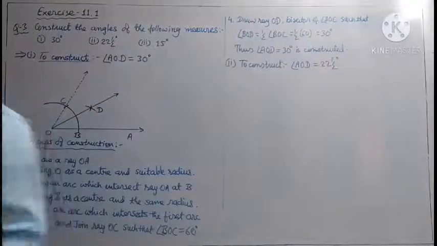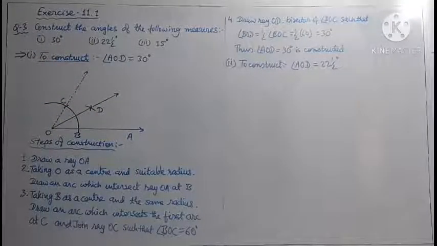To construct 22 and half degree, we have to go for, first of all, 90 degree, then its bisector, then we'll get half of that 45 degree, and then again its bisector, then it is half of 45, that is 22 and half. So for this, first of all, let us go for construction of 90 degree.